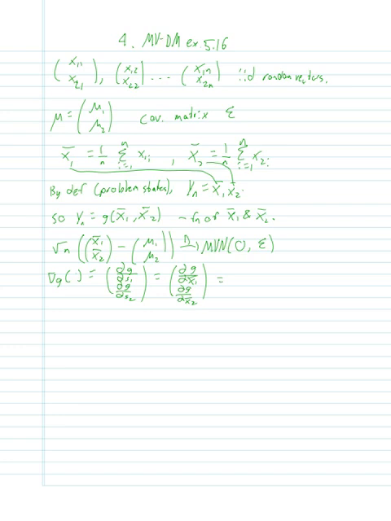Right, so what's the partial derivative of g with respect to x bar 1? Well, we have that g of x bar 1, x bar 2 is equal to x bar 1 times x bar 2. So if you take the derivative with respect to that, then you're left with x bar 2.